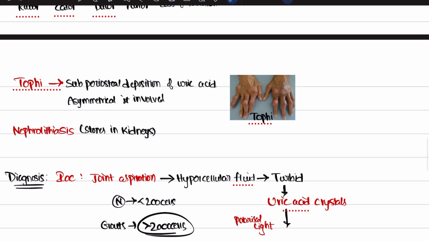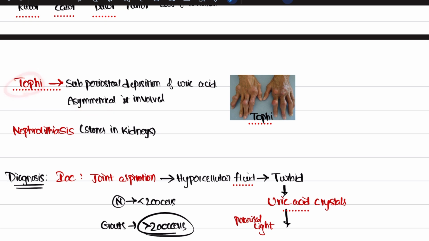So next, if the patient shows their hands, like there are some balls in the hands, it can be in one hand or on both hands, but these are asymmetrical joints involved. If you see one joint involved in one hand and another joint involved in the other hand, that's why we call it asymmetrical joint involvement.